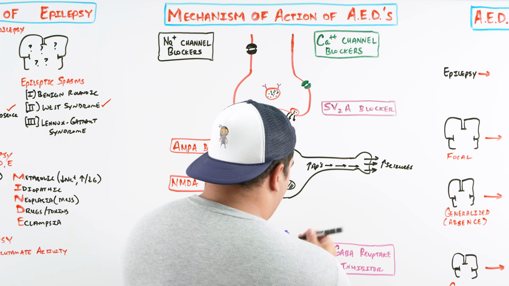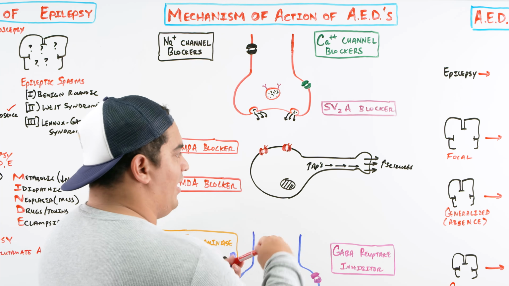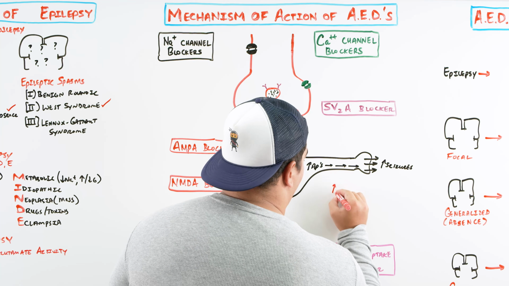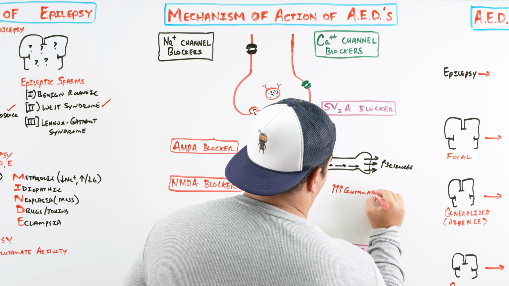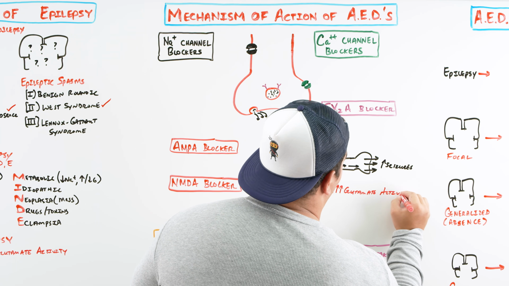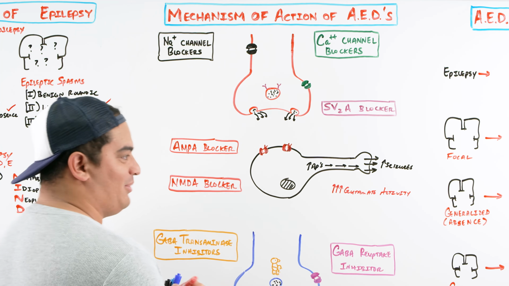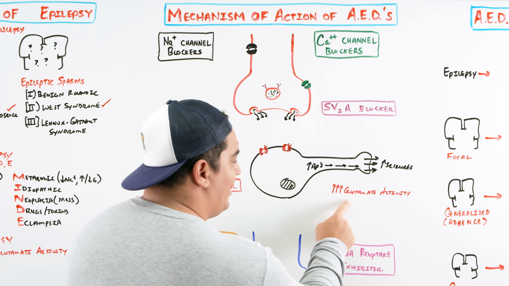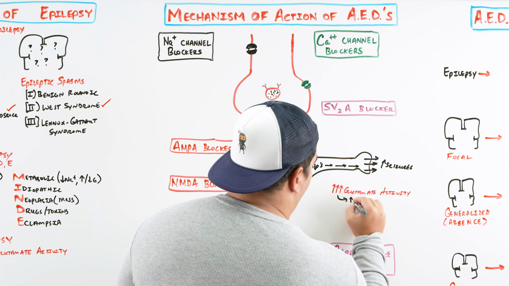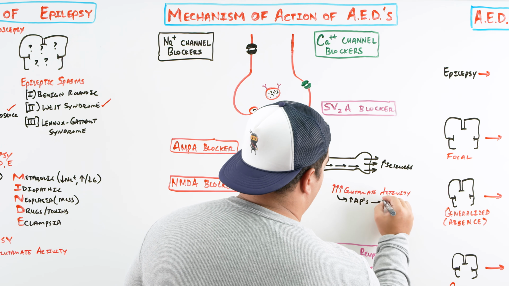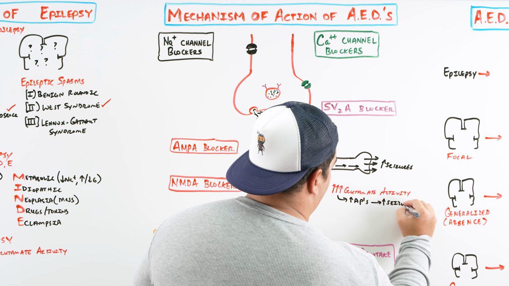But we said that the basic reasoning behind one of them was an excessive increase in the glutamate activity. So now I want to come up with a mechanism, right? The increase in glutamate activity was really causing this problem. It was leading to increased action potentials and subsequently increased seizures.